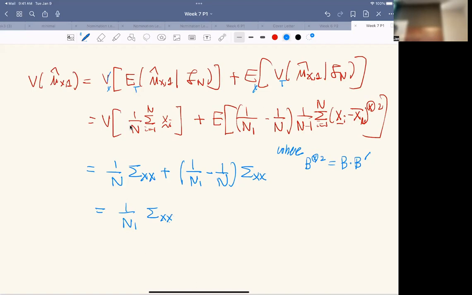By the way, sigma xx is the expectation of x minus mu x squared, so the variance of x in the superpopulation model, the variance covariance matrix of the superpopulation.